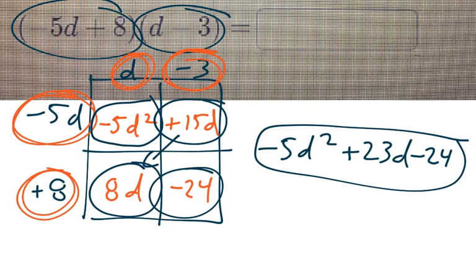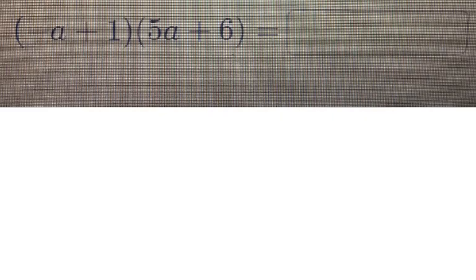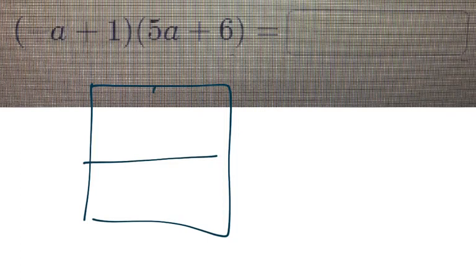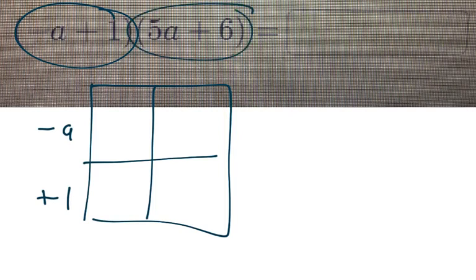Okay, guys, I think I have one or two more. Let's see what we got here. Here's another one with a negative in front. Don't let the negative get you. We're going to set it up. That's going to go down the side again: negative a, positive 1. That's going to go across the top: 5a plus 6.